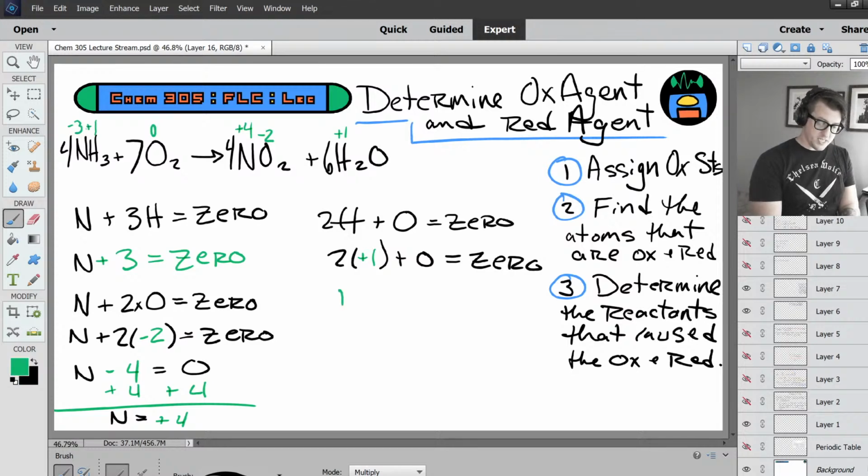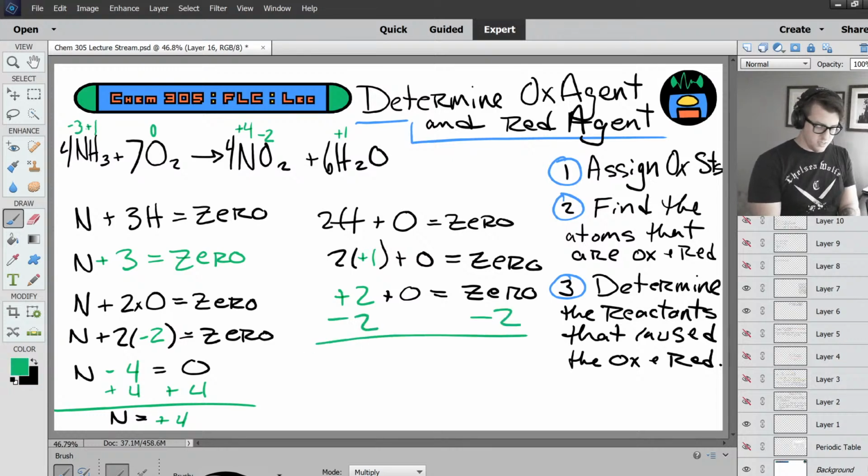If we have a +2 plus our oxygen equal to 0, then subtract 2 from both sides, and we get an oxidation state of oxygen of -2.